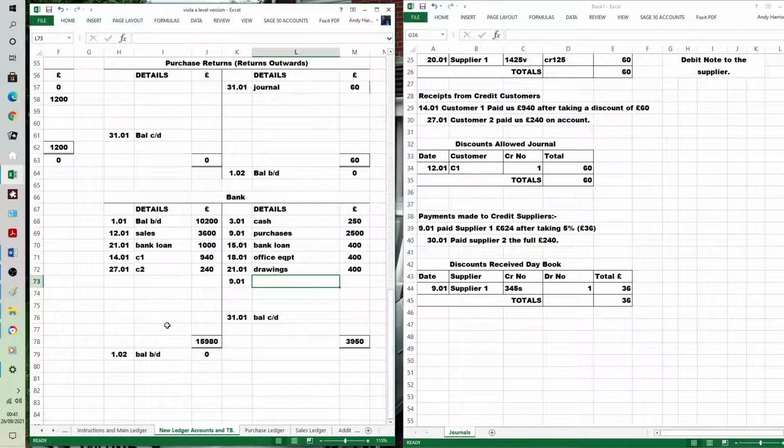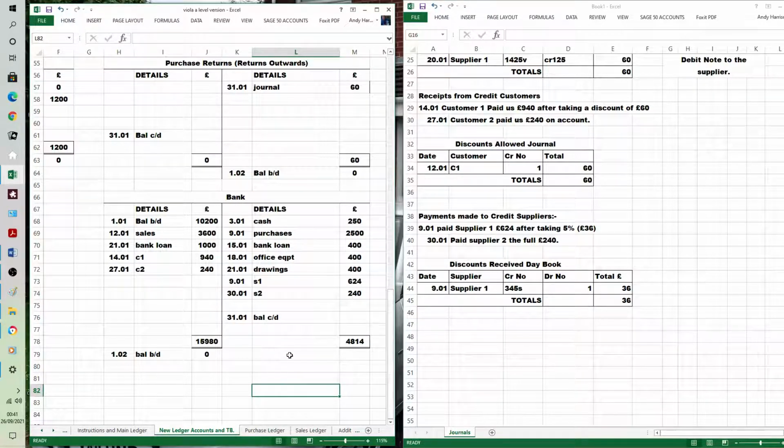So at the bank, supplier 1 will do. That's a 624, and then on the 30th of the 1st, supplier 240. So that's actually all our transactions posted into our main ledger, and as you've seen, I've already put them into the purchase ledger and the sales ledger.